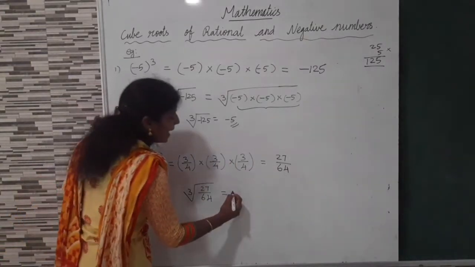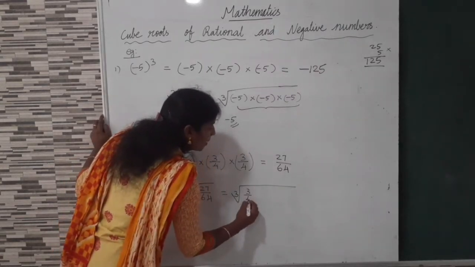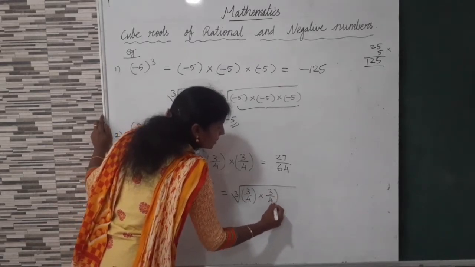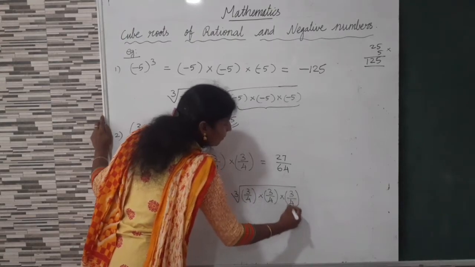So we can write cube root of 3 by 4 into 3 by 4 into 3 by 4, which is 3 by 4.